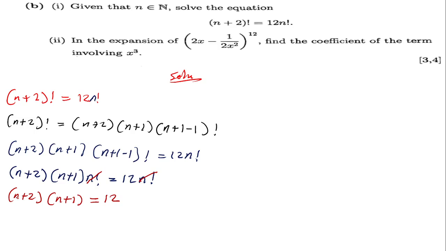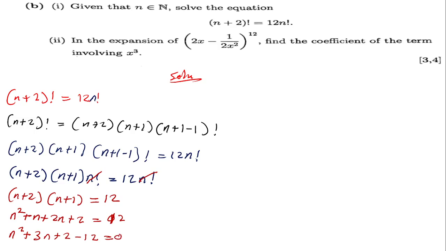Once we have that, we can multiply. n times n gives us n squared, n times 1 gives us n, 2 times n gives us 2n, and 2 times 1 gives us 2, which should all be equal to 12. We move the 12 to the other side, so this will be n squared plus 3n, because n plus 2n is 3n, plus 2 minus 12 is equal to 0.